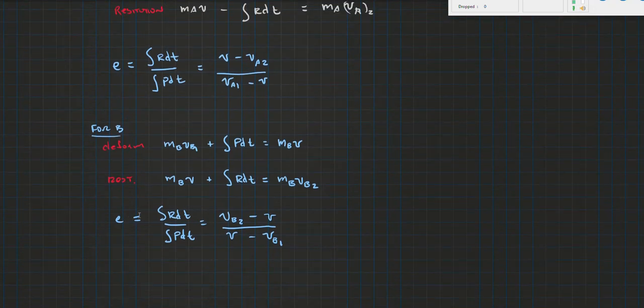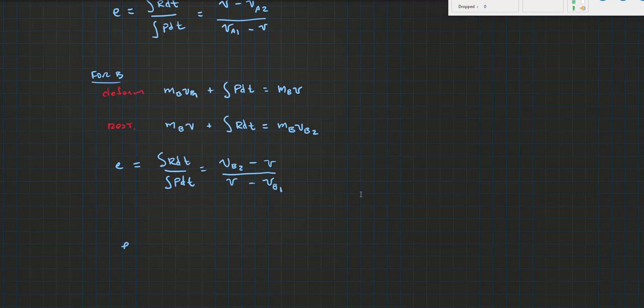Now, comparing both E's, we see that we have these V values in here, and these V values are the same for each particle A and particle B. So I can eliminate these, solve simultaneously, and eliminate the V's, and rewrite this equation as E equals the velocity of B final minus the velocity of A final over your initial A velocity minus your initial B velocity.